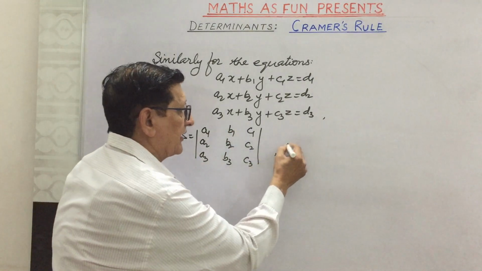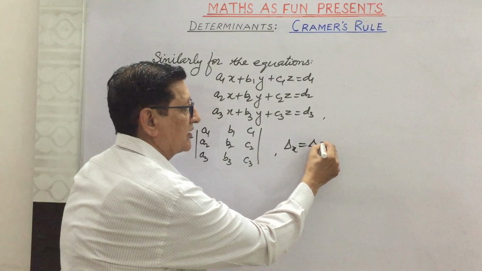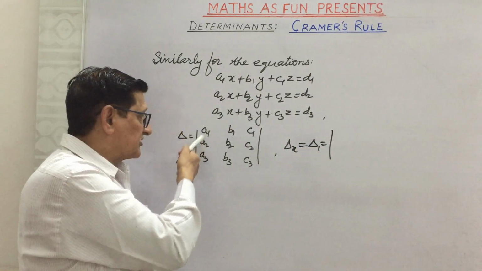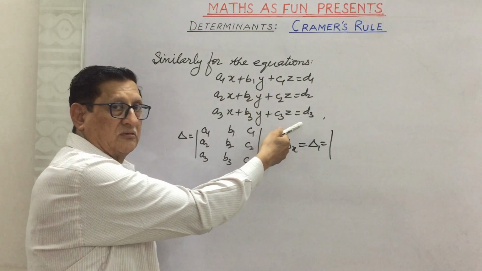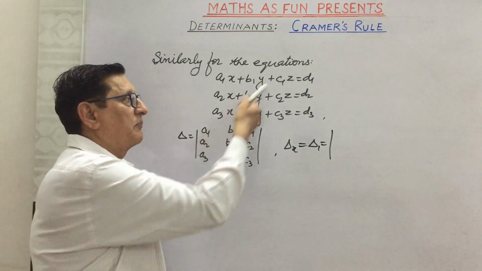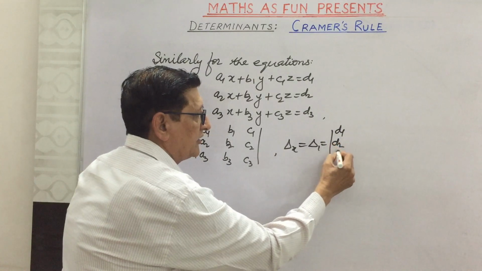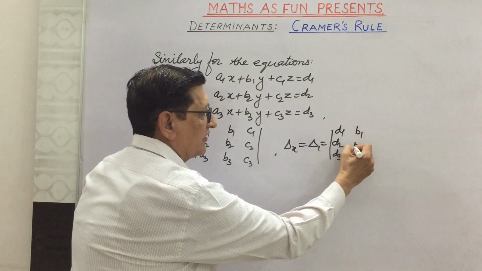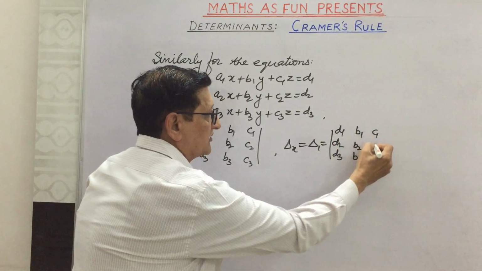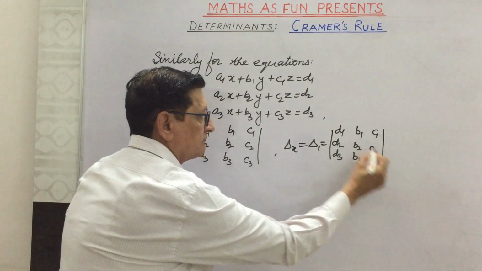To find delta x, or delta 1, we will replace the first column, the coefficients of x, by the constant terms. So it will be d1, d2, d3, b1, b2, b3 and c1, c2, c3.